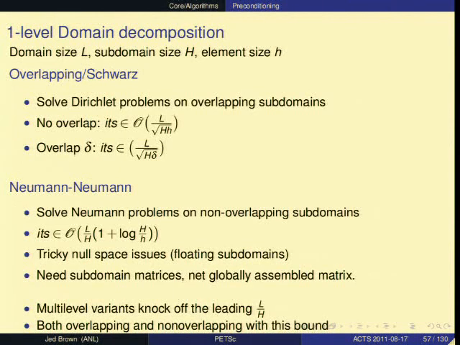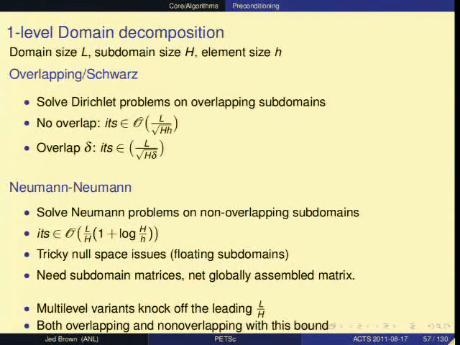Domain decomposition is what a lot of the basic solvers within PETSc are based on, one-level domain decomposition. You can do it with overlap and without overlap. So this is some decomposition where the subdomain size is big H and the element size is little h.